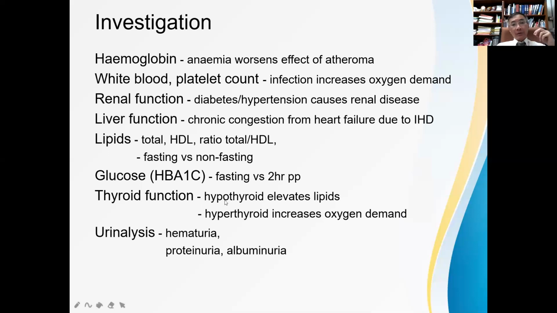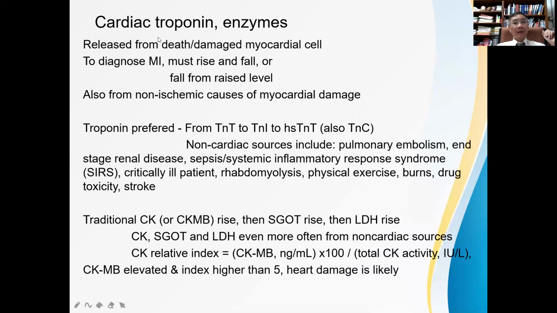Thyroid function is important because a hypothyroid patient can have elevated lipid levels, while the hyperthyroid patient will have tachycardia and increased oxygen demand, making the patient feel more the effect of angina. A microscopic examination of the urine is important to look for hematuria and proteinuria, or the beginnings of proteinuria, albuminuria, because these are conditions that will tell us how the renal function is.